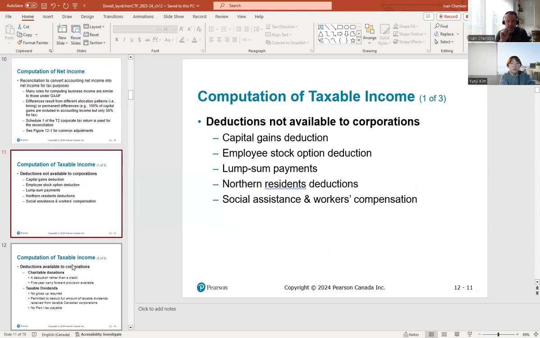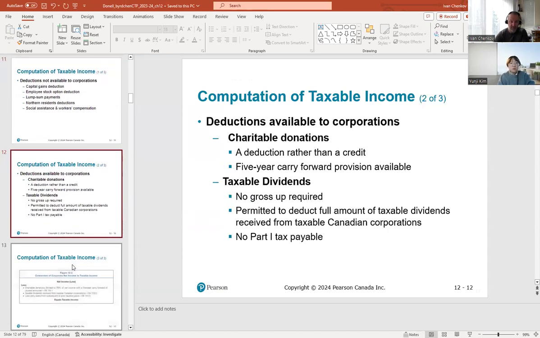Now, deductions not available for corporations: the capital gain deduction, the employee stock option deduction, lump sum payments, northern residency deductions, and social assistance and workers' compensation, which are applicable for individuals, are not applicable for corporations.